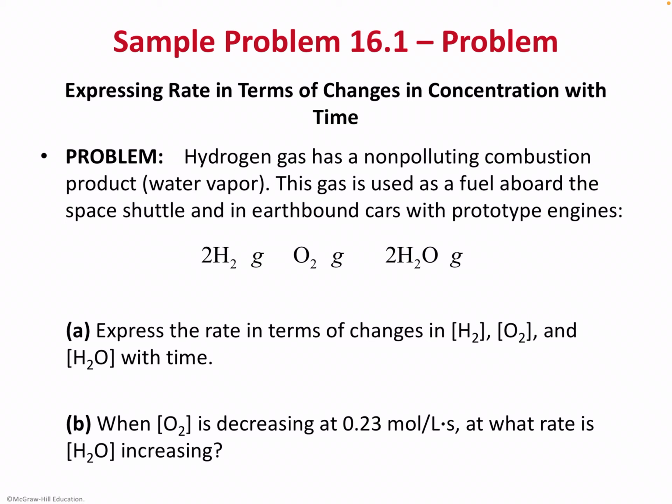Okay. Let's look at this sample problem now. Expressing rate in terms of changes in concentration with time. Hydrogen gas has a non-polluting combustion product, water vapor. This gas is used as a fuel aboard the space shuttle and in earthbound cars with prototype engines.